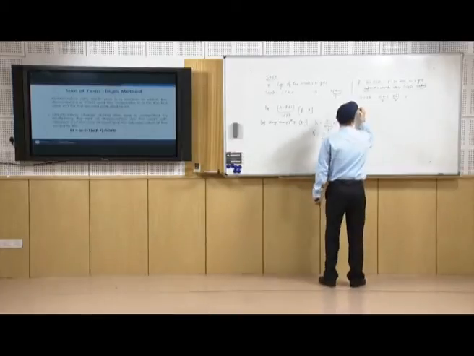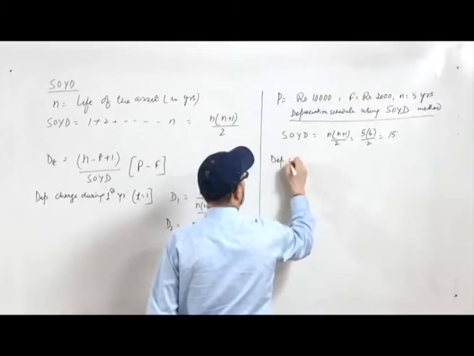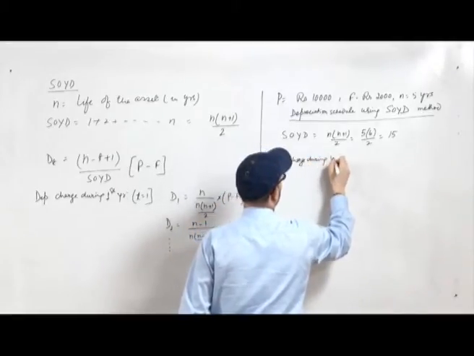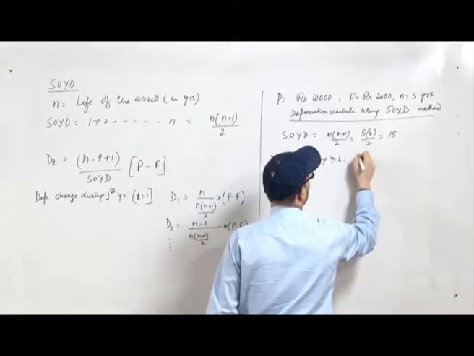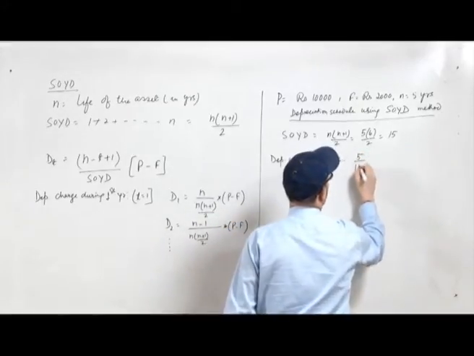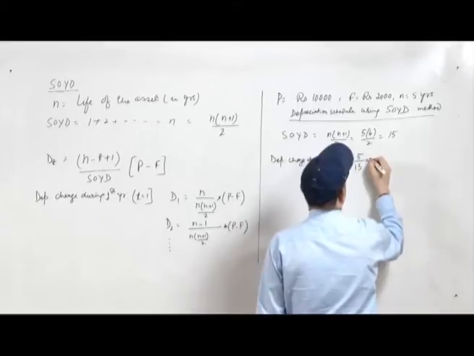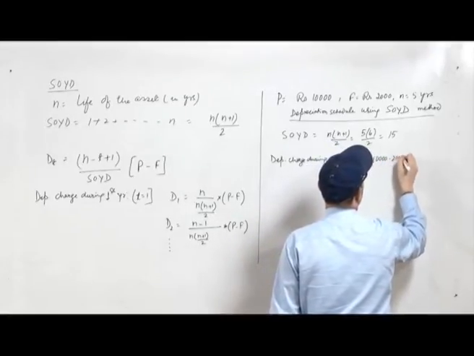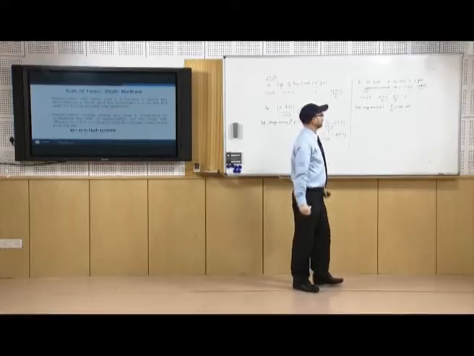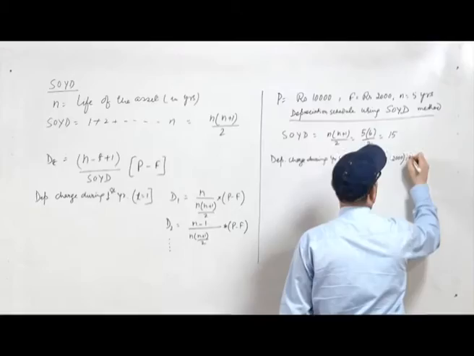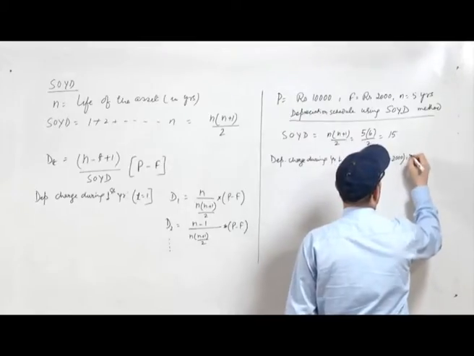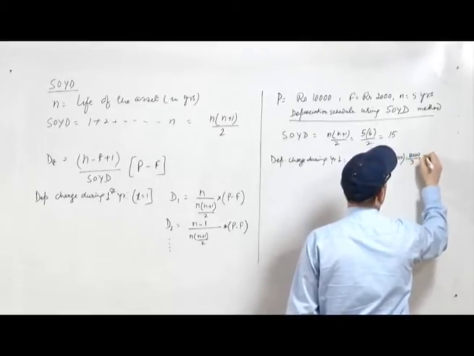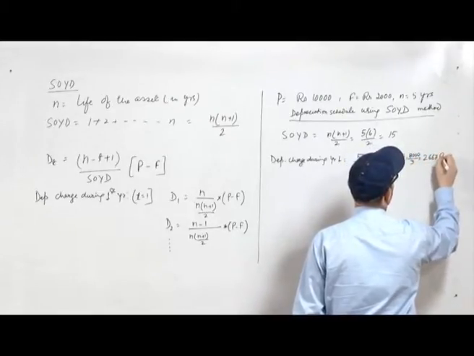The depreciation charge during year 1 will be 5 upon 15 into 10,000 minus 2,000. So, it will be 5 upon 15 into 8,000, so 8,000 by 3, which is 2667 rupees.